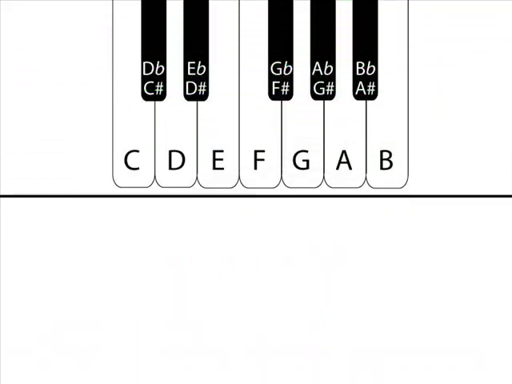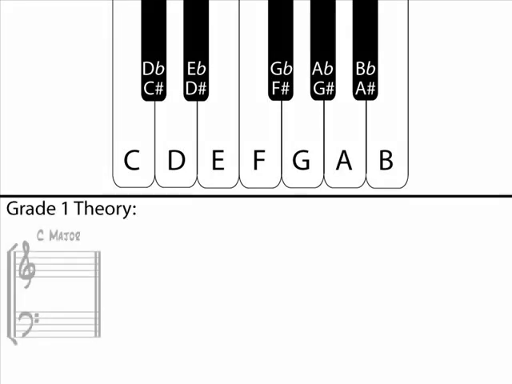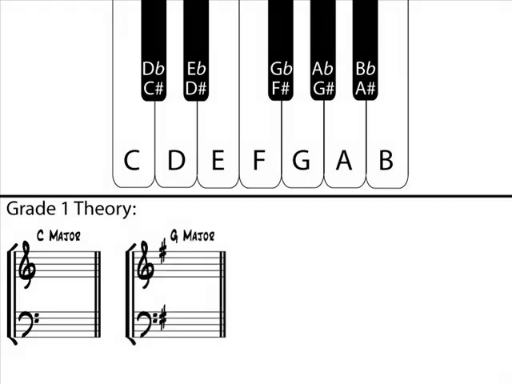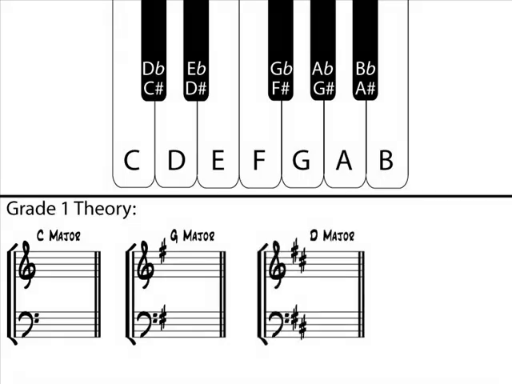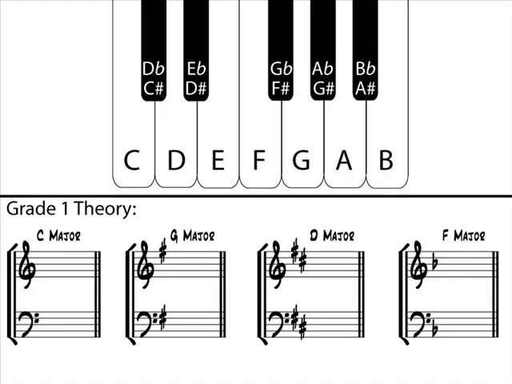Now, I need to assume that you know how to calculate the key signatures and scales for grades 1 and 2. These keys are, in grade 1, C major, which has no sharps or flats, G major, which has 1 sharp, D major, which has 2 sharps, and F major, which has 1 flat.